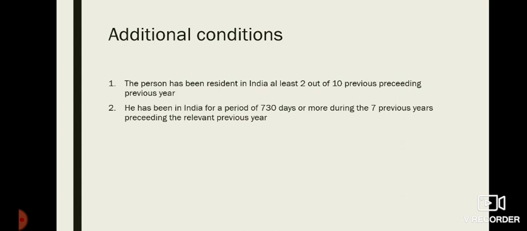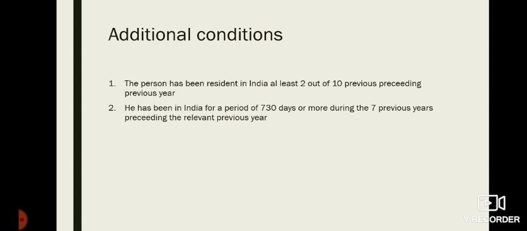And the second additional condition is that he has been in India for a period of 730 days or more during the 7 preceding previous years. And as I have told you, the number of days need not be continuous. Out of the 7 preceding previous years, in total he has to be in India for 730 days. So these are the additional conditions we have seen.